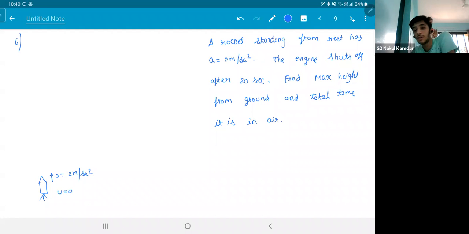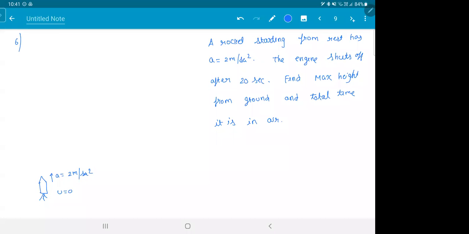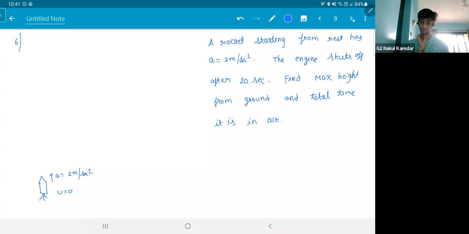So for total time, do we have to find the distance for the time it is falling also? Yeah, everything. Initial 20 seconds and that time also. You have to add that initial time also.